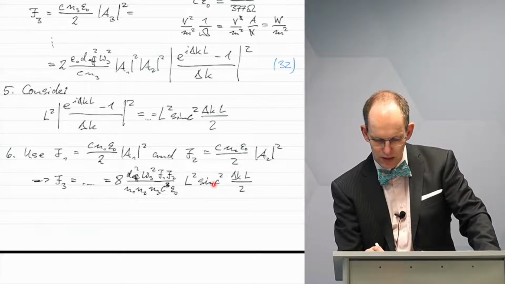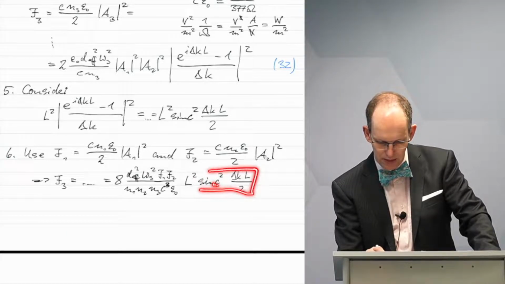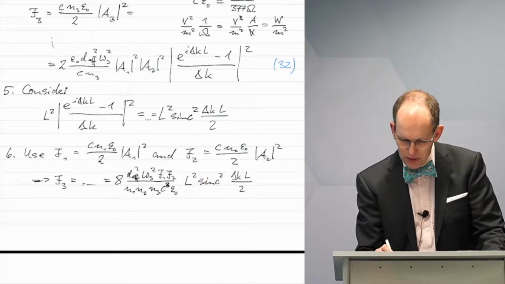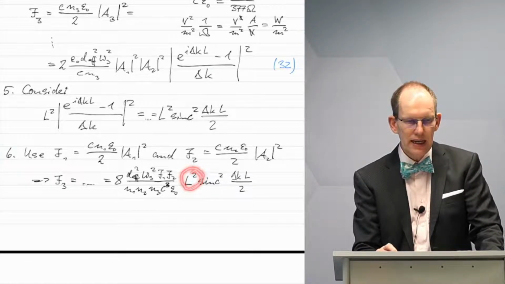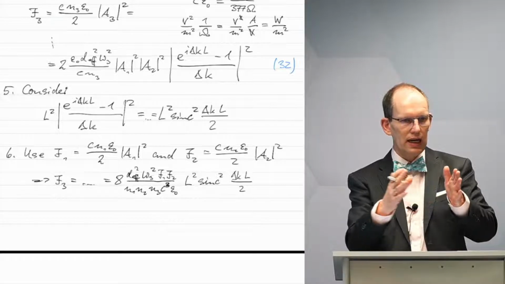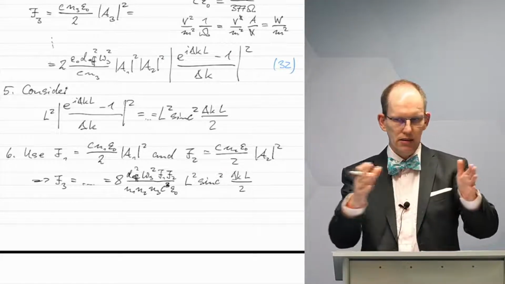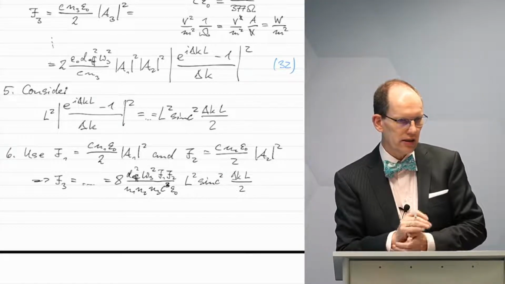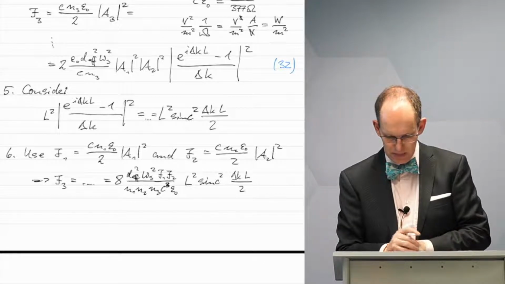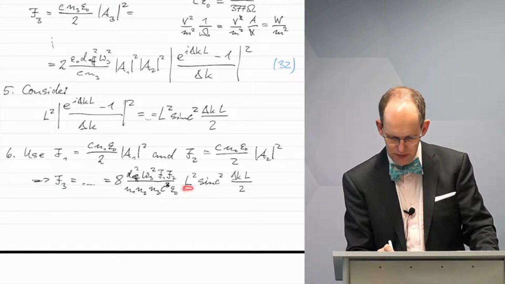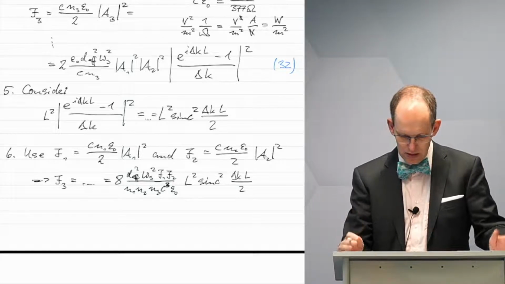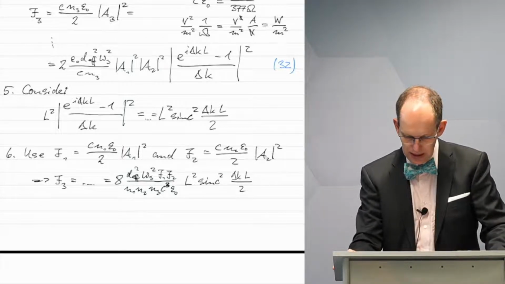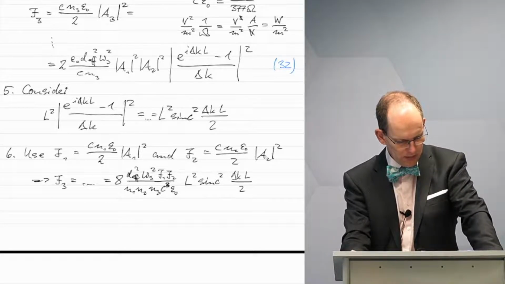This part would be 1, and we would recover what we said before, namely that the intensity increases as the length of this nonlinear crystal increases. So we reproduce what we said in the beginning of this subchapter.